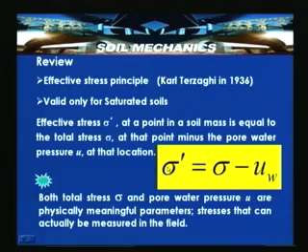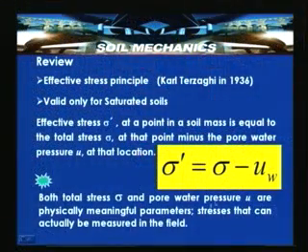So, sigma dash is equal to sigma minus UW, and we also discussed how to determine sigma, that is total stress, in the case of homogeneous soils as well as stratified soil deposits. UW is the pore water pressure. Both total stress sigma and pore water pressure UW are physically meaningful parameters, and these are stresses that can actually be measured in the field.